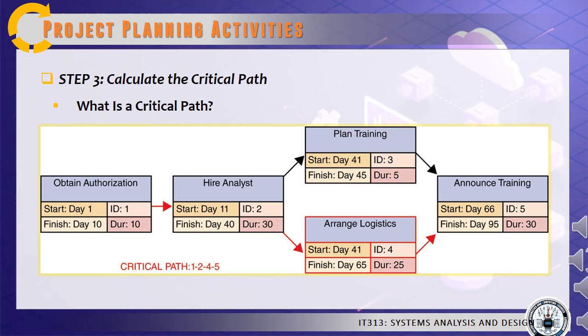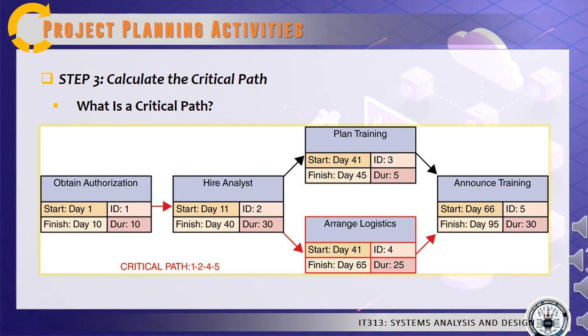Recall that a critical path is a series of tasks which, if delayed, would affect the final completion date of the overall project. In this example, tasks 1 and 2 are the first tasks on the critical path. Now look at task 5, which cannot start until both tasks 3 and 4 are done.